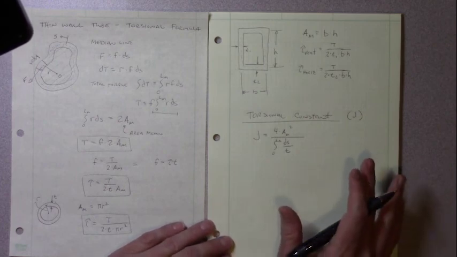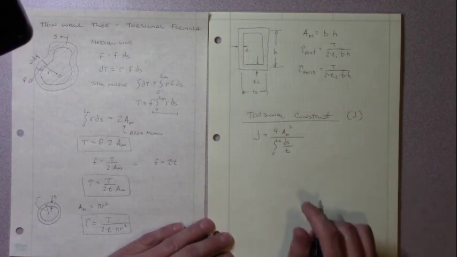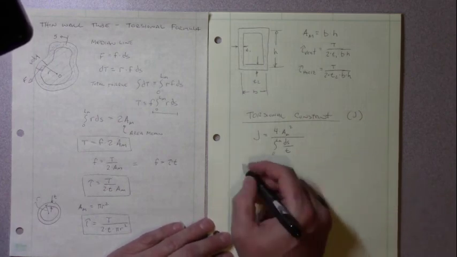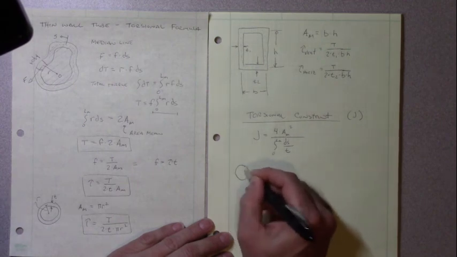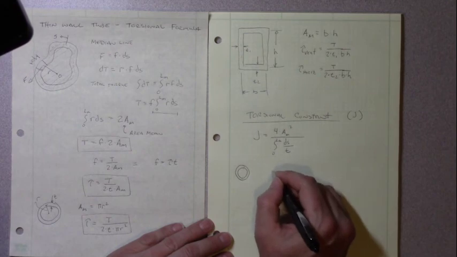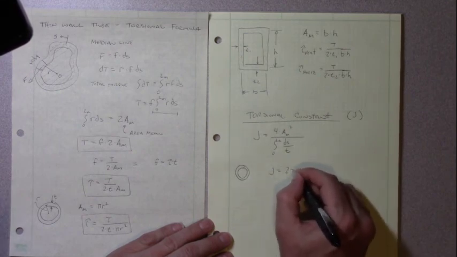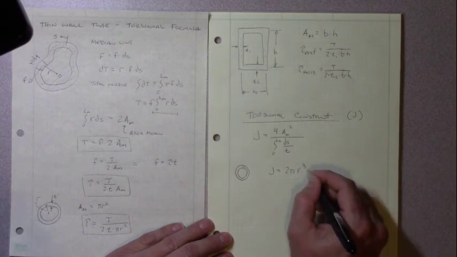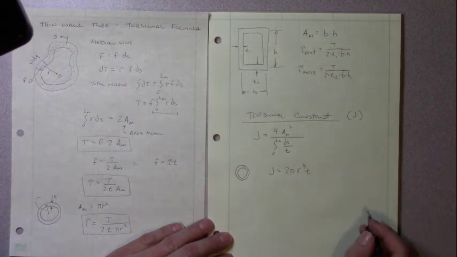Again, I'm not going to go through the derivation, but if we take a look at a thin-walled circle section, we will find that our J turns out to be 2 pi r cubed times t.